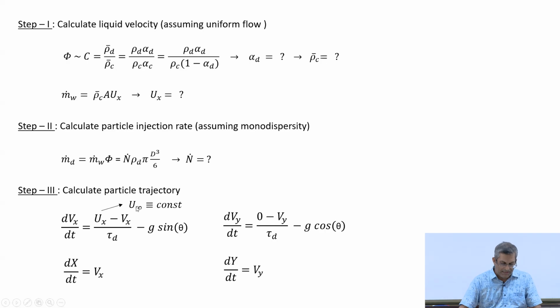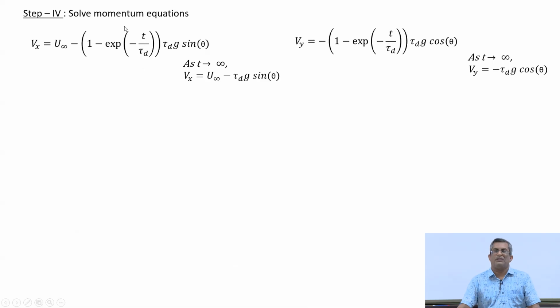So, in this particular case, the x component of velocity, which we can denote as u infinity now, is basically constant and is given by this expression. Next we can solve the two momentum equations, basically integrate with time, and you get a similar expression in both cases.